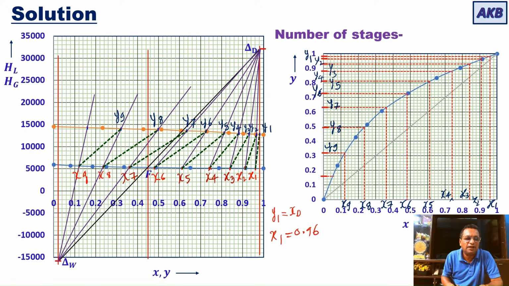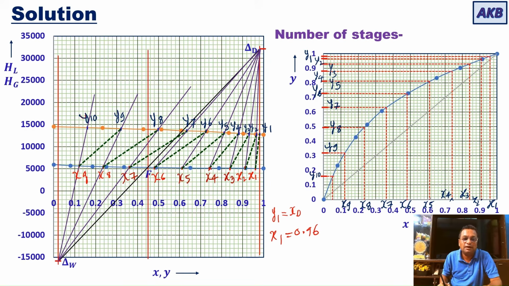And what is that value? The value is 0.16. So this is y10. Then I'll come back with this value 0.16. So this is my y10. Let me write over here so that there is no confusion.